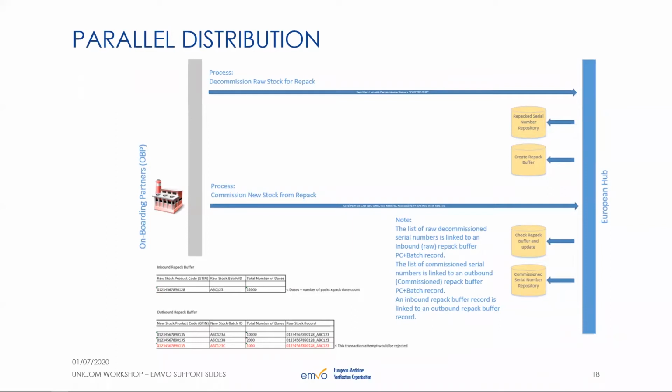Then when the work is done, there is the recommissioning, which checks the number of doses and agrees on the recommissioning. The small example below is the same as what I said earlier, the 1,000 pills and so on. It's a bit small. I'm not sure you can read it on the screen, but you will see it on the slide when they are distributed. Next slide, please.